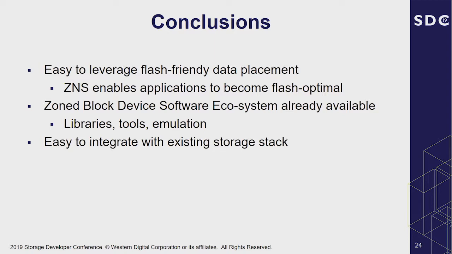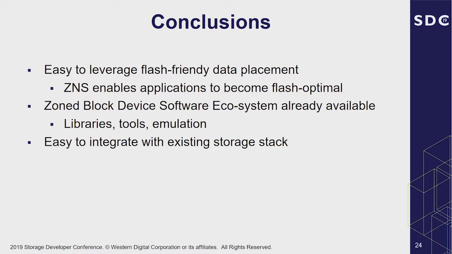In your first bullet here, talking about flash friendly and flash optimal, you seem to imply that flash has a one-to-one mapping of contiguous logical block addresses to the physical flash media, which in most flash and FTLs is not the case.